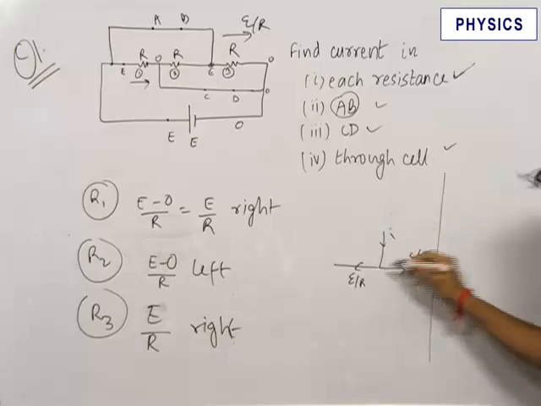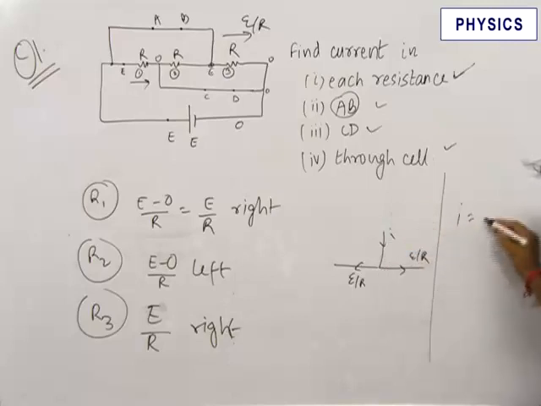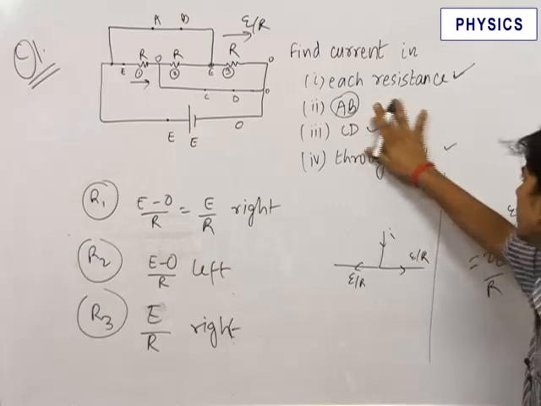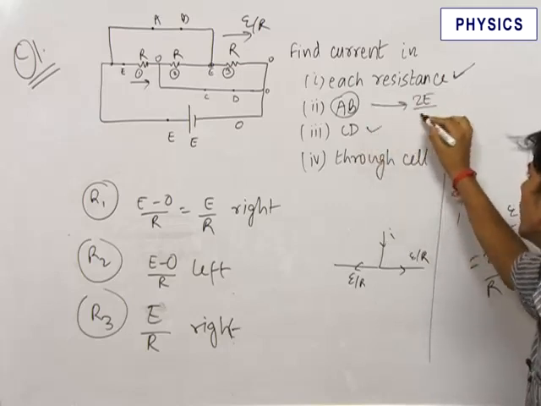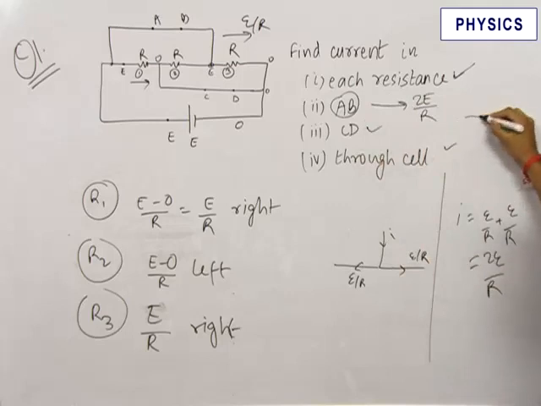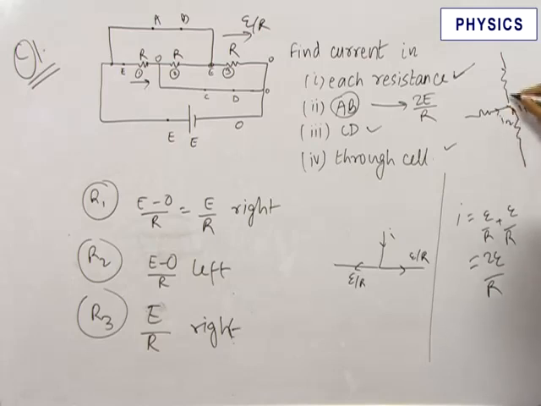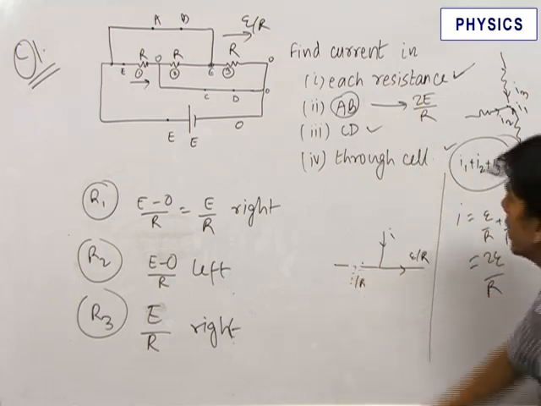Therefore the total current coming to the junction is I. This is equal to E upon R plus E upon R, that is the total current leaving the junction, which is 2E upon R. So our answer for part 2 comes out to be 2 times E upon R. This can also be written as the statement of the Kirchhoff current law: if we have currents I1, I2, I3, then I1 plus I2 plus I3 equals 0. That is, the total current accumulating at the junction is equal to 0. Therefore we get the answer for part 2.